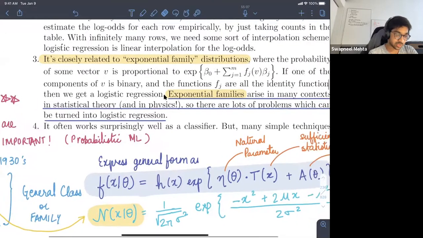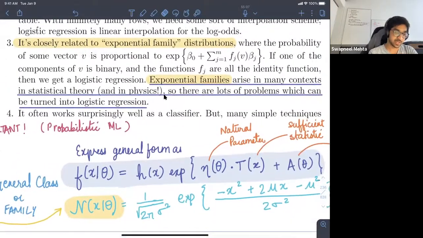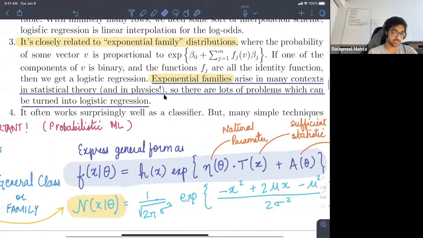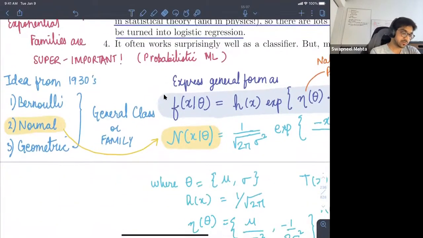And I'll get into some more detail about it because exponential families are super, super interesting. They arise in many contexts in statistical theory and physics. So there are lots of problems which can be turned into logistic regression. Now this idea of exponential families comes from the 1930s, specifically 1935, 36, where someone said, we have all these distributions, let's posit a general class, a canonical way to express these distributions.